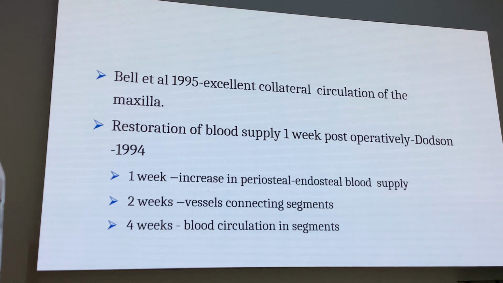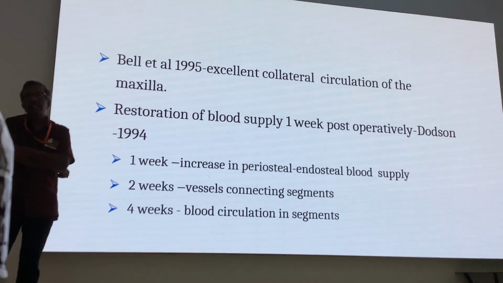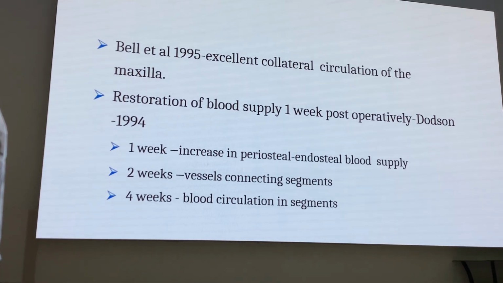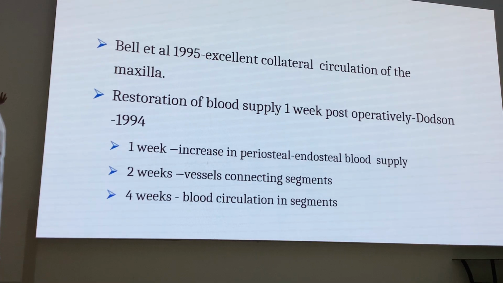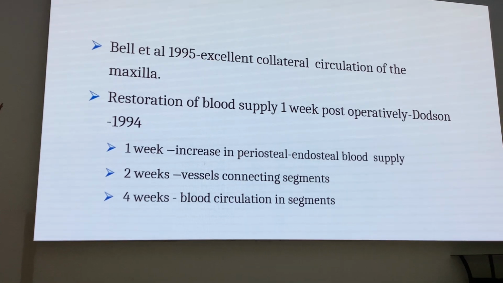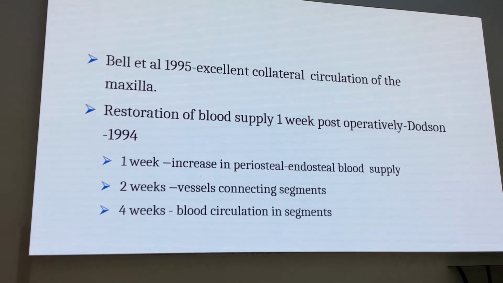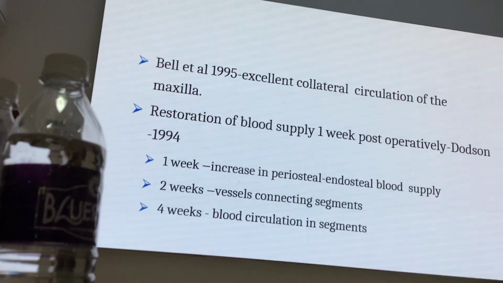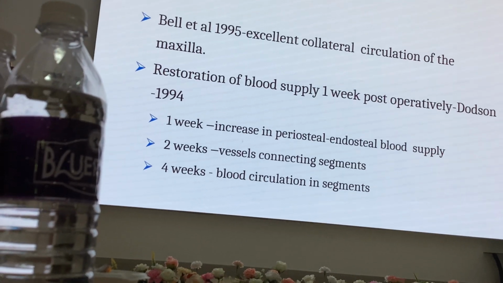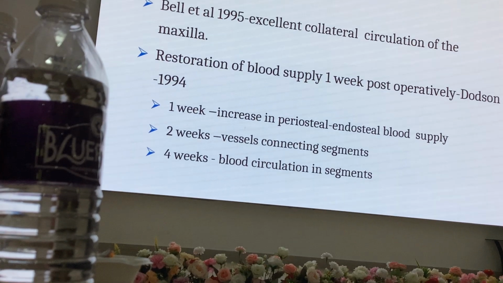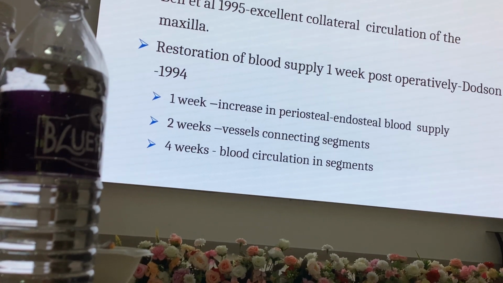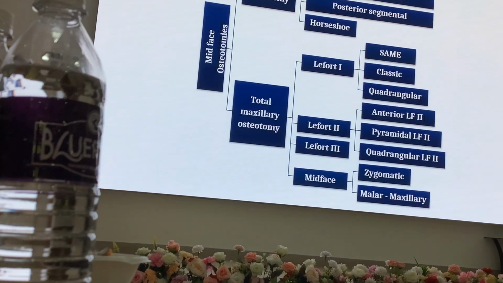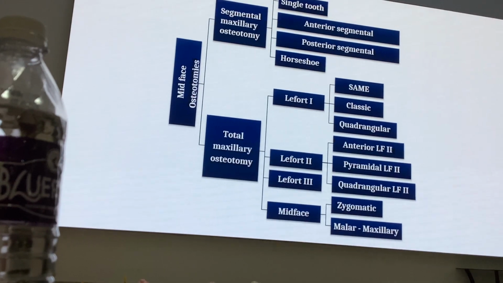Obviously, the vascularity was well studied by Bell. It was studied extensively in 1995: restoration of blood supply at 1 week post-operatively, an increase in the periosteal and endosteal supply, at 2 weeks vessels connecting the segments, and at 4 weeks blood circulation in the segments.